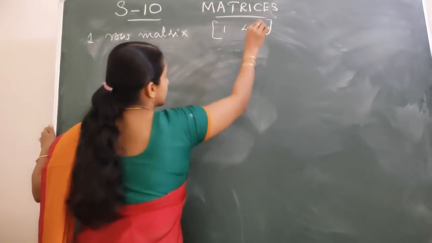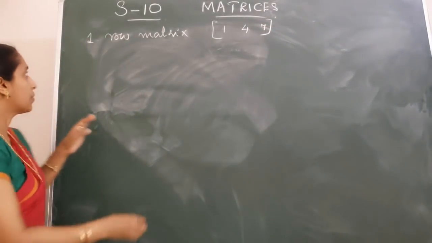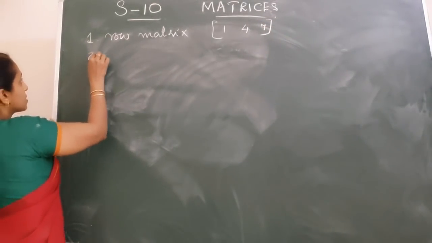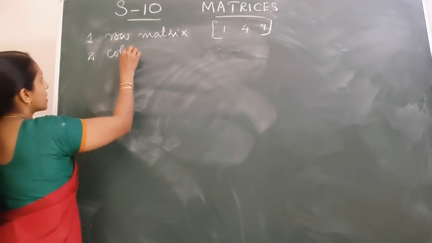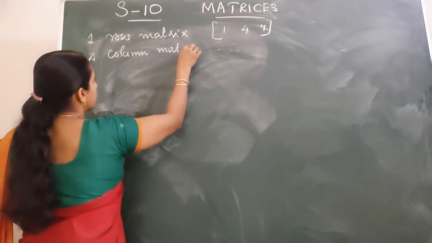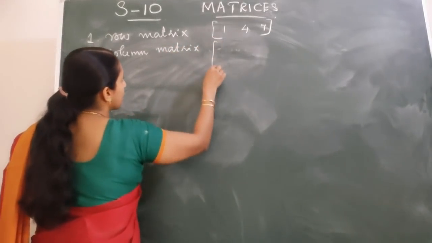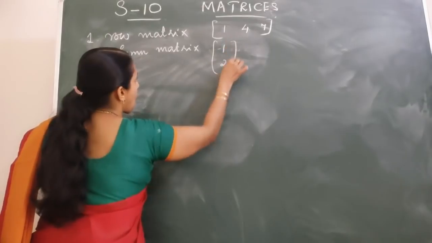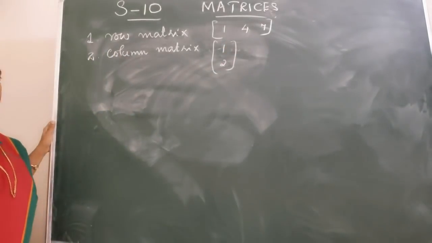This is a row matrix having only one row. The second one is the column matrix. A column matrix means a matrix having only one column, for example 1, 2. This is a column matrix.